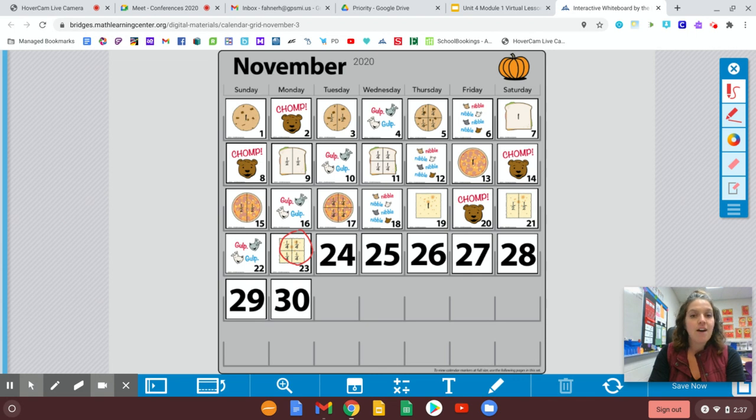Let me see. 4 pieces. So we would say that one part of that cracker is 1/4 of it, because there's 4 total pieces. And if we eat one piece of that, we are eating 1/4 of that cracker. Let me go ahead and erase that off.